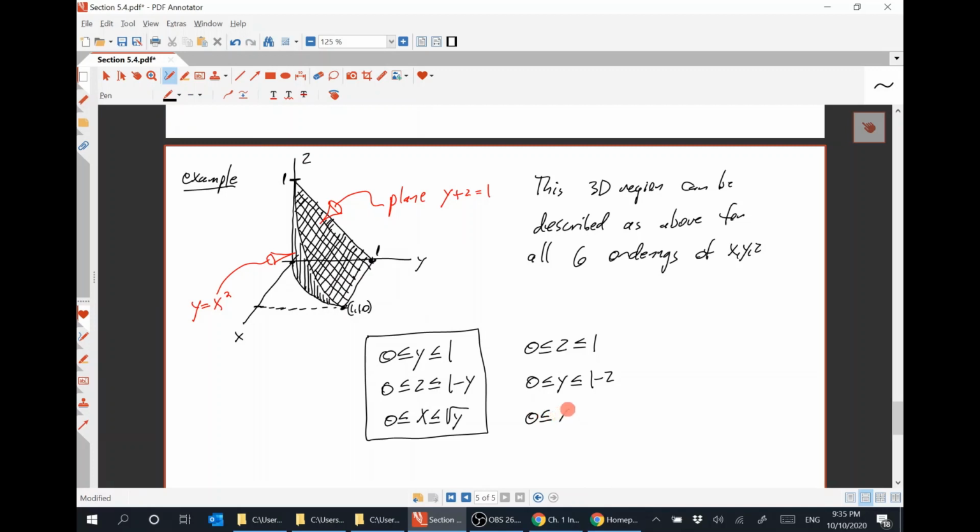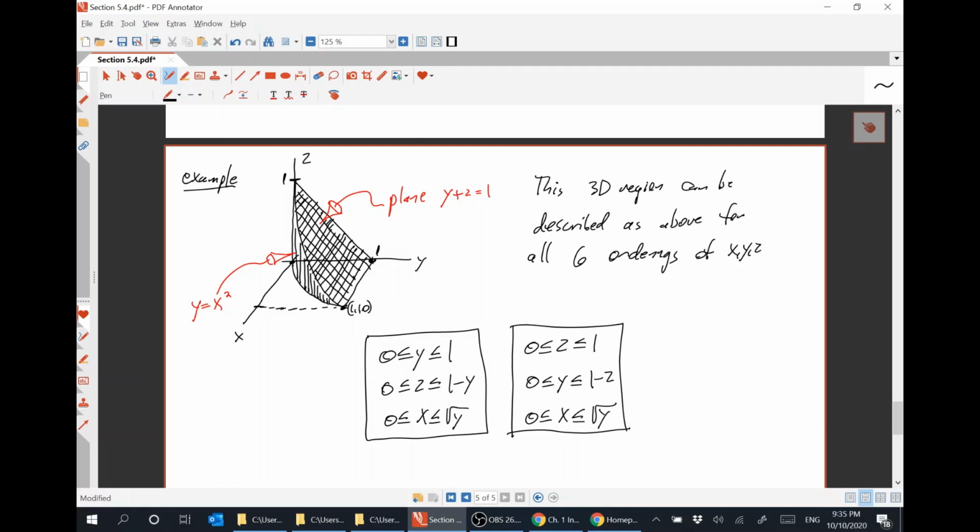So 0 less than or equal to x less than or equal to square root y. So z is bounded by constants, y is bounded by functions of z, x is bounded by functions of y and z. So this one's a little bit more in line with our expectations because the z is here and the y is there. Of course, you could also have a z here, but you don't, but that's fine.